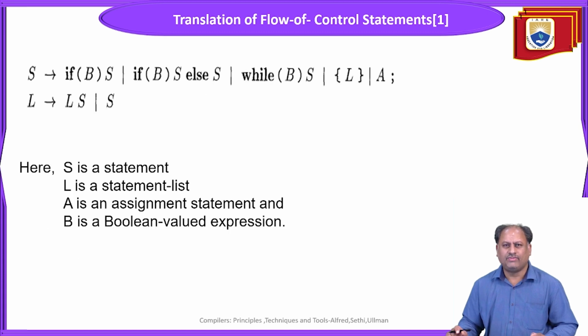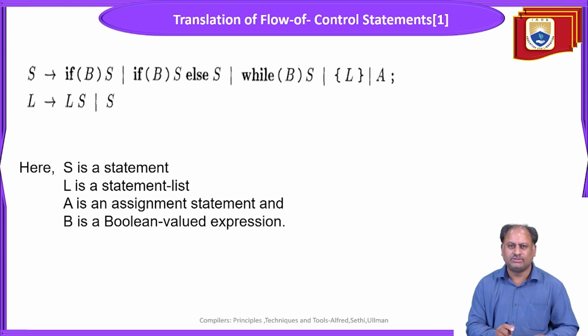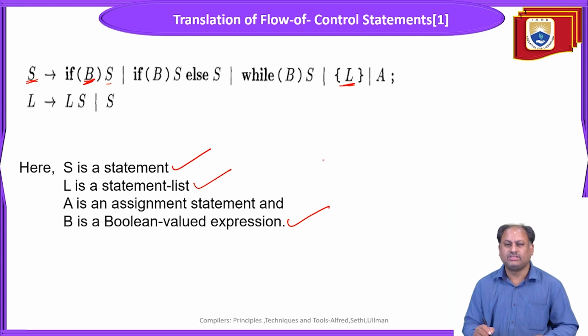And how the flow of control statements can be translated with the help of syntax directed translation, we can also see with the help of an example. We know that S is nothing but a statement, B is a Boolean expression, and S is a sequence of statements, and L is nothing but a list of statements, a statement list.